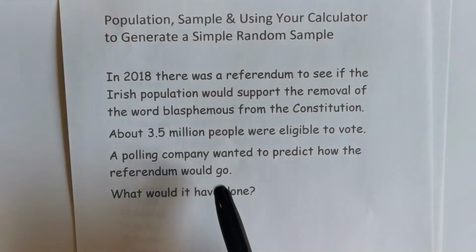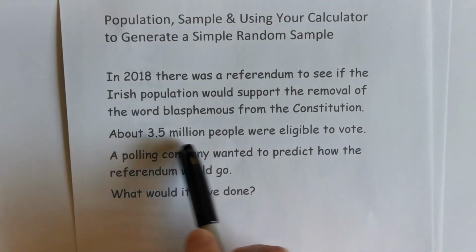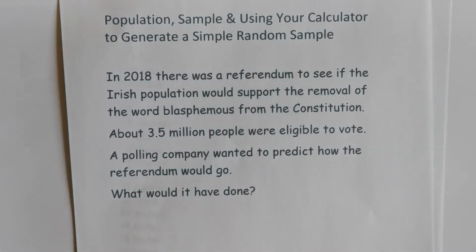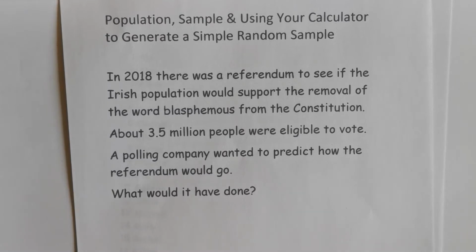Why would the polling company not just go and ask all the 3.5 million people in the population what way they're going to vote? The reasons are really time and money. It would take too much time, and it would take a lot of money to reduce the time in any significant way. So it's too expensive.